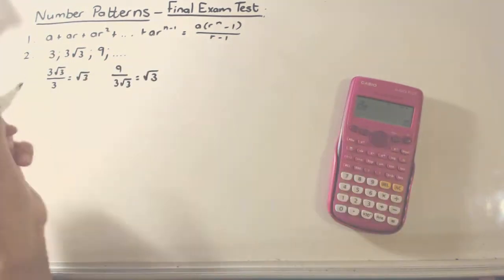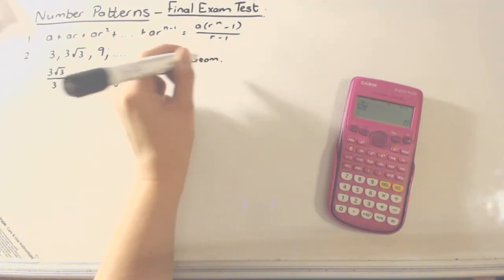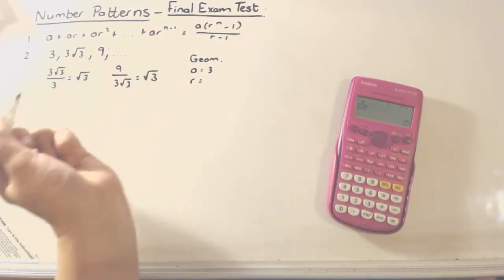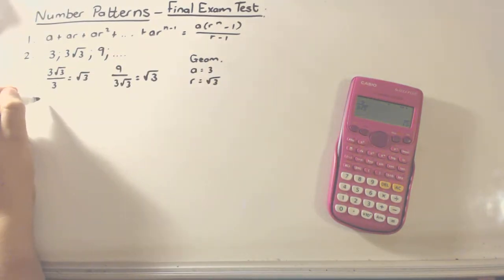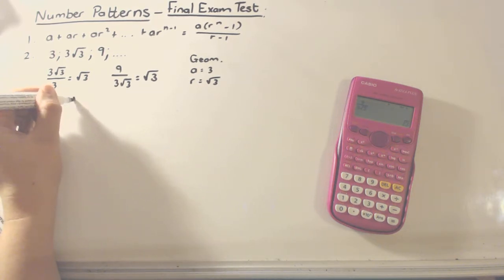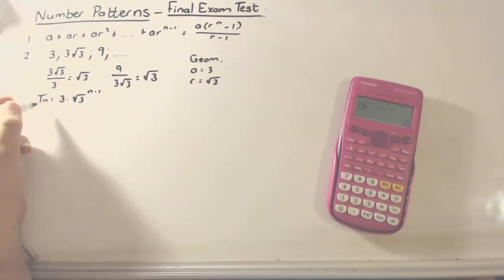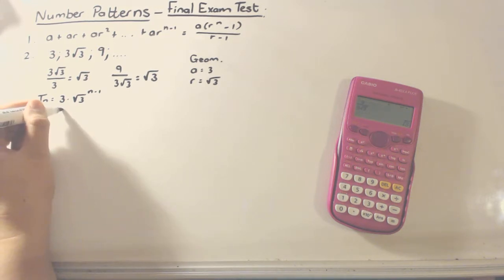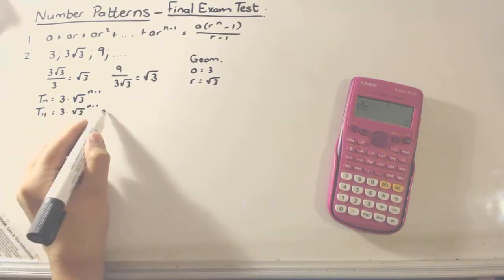Right, so to find the 11th term, I've got a geometric pattern with a equal to 3 and my constant ratio r is root 3. That means my general term is 3 times r to the power of n minus 1. And then the 11th term of this sequence will be 3 times root 3 to the power of 11 minus 1.